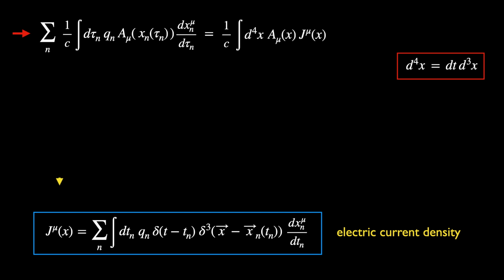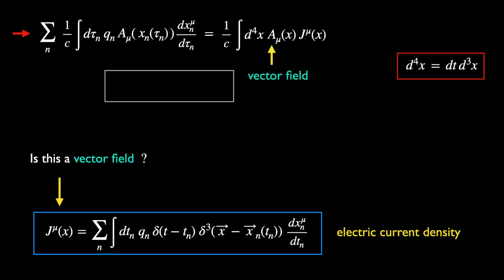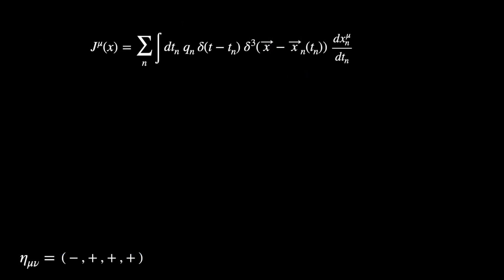Now the question is: is J really a vector field? A vector field transforms under the Lorentz transformation in the following way, with the A field as an archetype. Let's verify that this is also how J transforms. For this purpose, it is more convenient to use the proper times of the particles as the curve parameters.